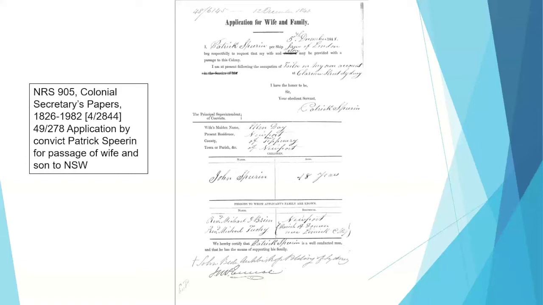He was a tailor in Clarence Street, Sydney. He's also provided details of persons to whom the applicant's family are known, both back in Ireland, so 2 priests. And the application form certifies that Patrick is a well-conducted man and has the means of supporting his family.